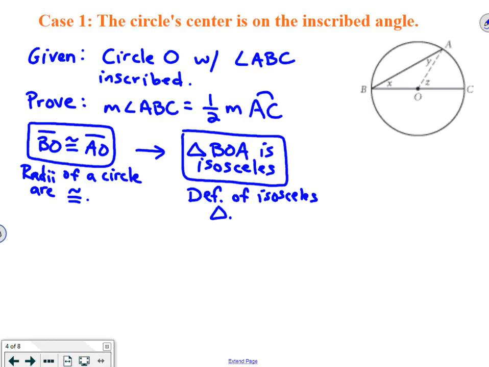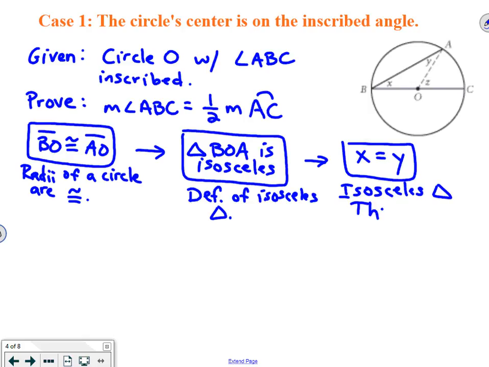Since triangle BOA is isosceles, we know that the base angles are congruent, which means their measures are equal. x equals y, by the isosceles triangle theorem.